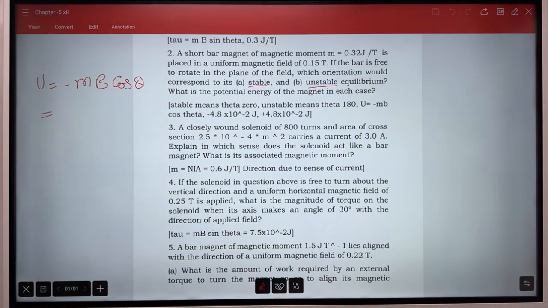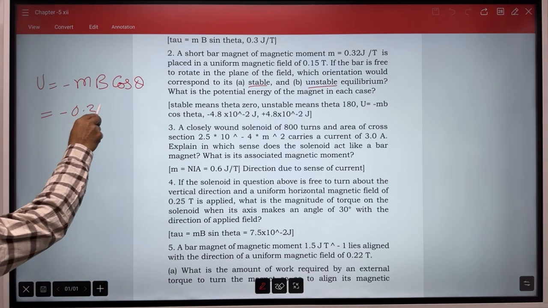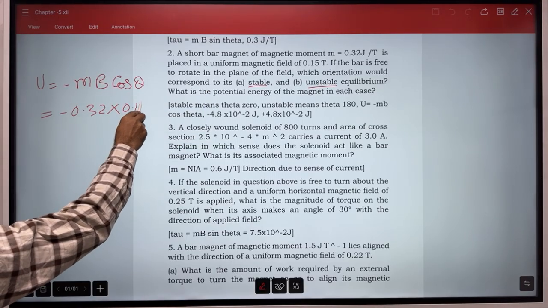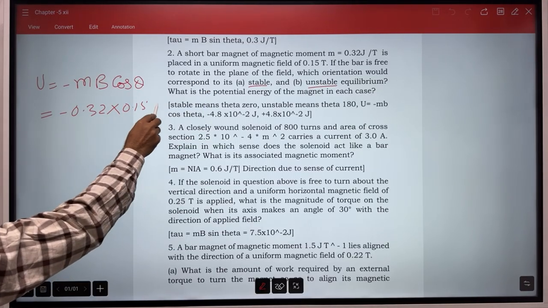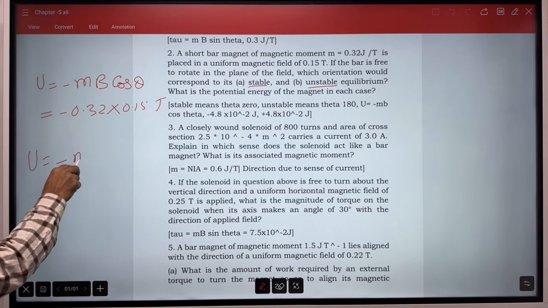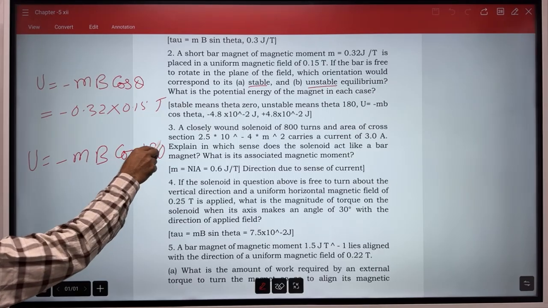So we have to put the values of m. So m is given as 0.32 and the magnetic field is given as 0.15, and then we can evaluate this much joule. This is the case of stable. When it is unstable, u will be equal to minus mb cos, this time 180 degree.